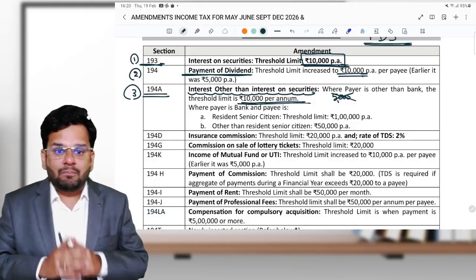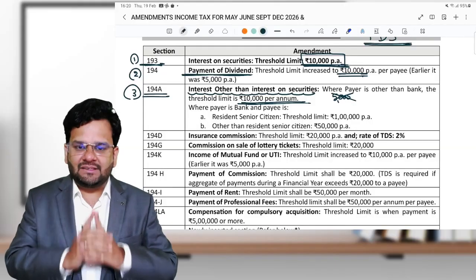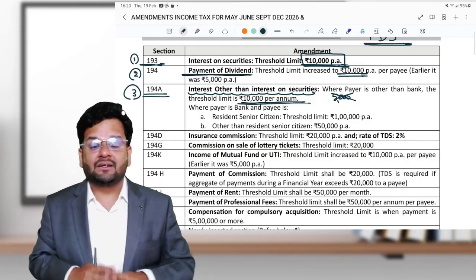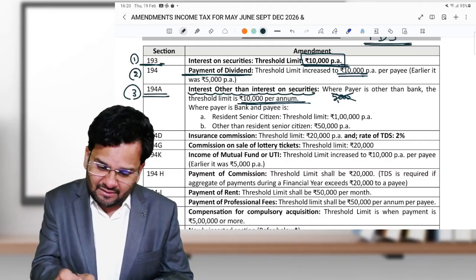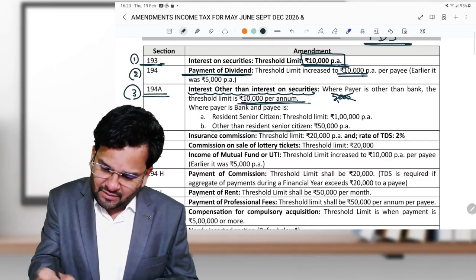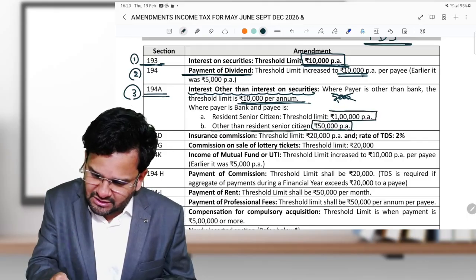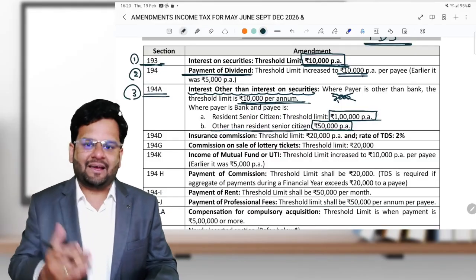And when bank is paying interest on any deposits like FDs, RDs, then earlier, whatever were the limits, forget it. Now the limits are, if it is paid to other than senior citizen, it is 50,000 rupees. If it is paid to senior citizen, it is exactly double. It is rupees 1 lakh.